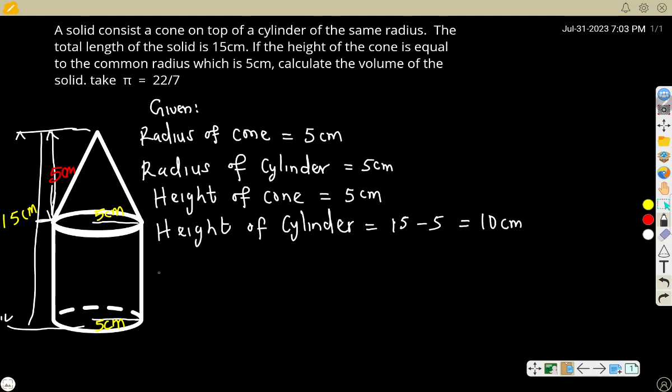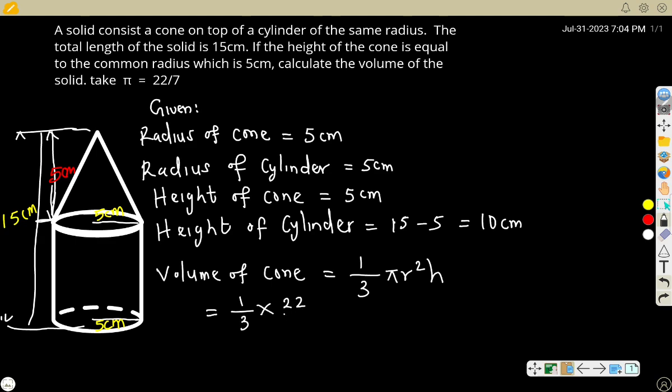So now volume of cone is equal to 1 over 3 pi r square h. This is the formula for volume of cone. So that will be 1 over 3 times pi is 22 over 7 times r, which is 5 square, times height. Height of cone is 5, since we are looking for volume of cone.